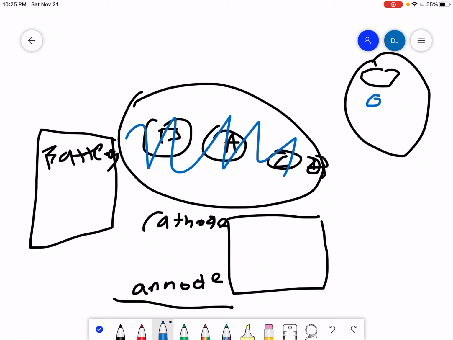Because if I make a small hole, and this is a big fragment, and I make the same size hole here, and this is a small fragment, it's obviously easier for the smaller fragment to go through this hole compared to this fragment over here.